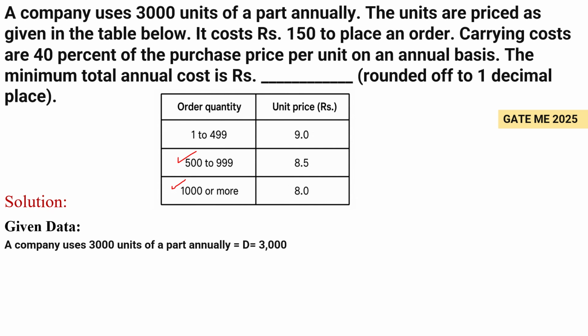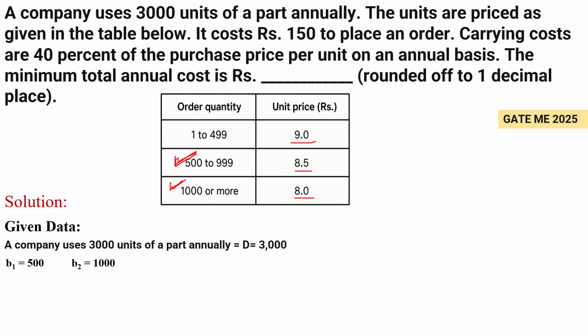Up to quantity 499, it is 9 rupees, and 500 to 999, it is 8.5 rupees, and 1000 or more, it is 8 rupees. So there are two price breaks. The first break is at 500, another break is at 1000. Let's consider B1 quantity is 500 and B2 quantity is 1000.